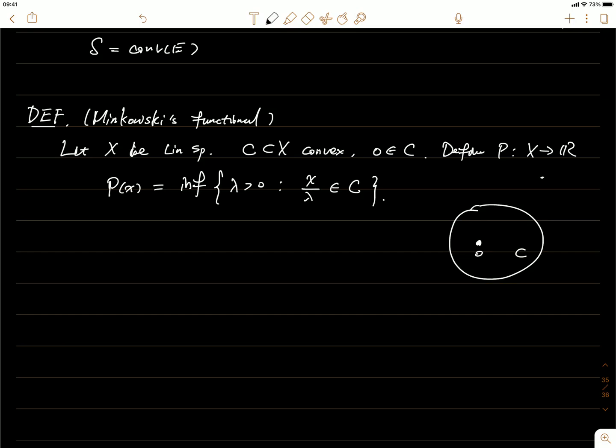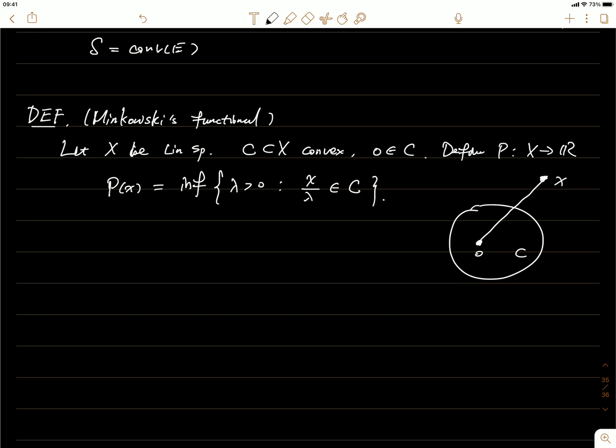Then for any x, I want to see what is the smallest number lambda I can use to scale this x down such that it's eventually inside C. In this case, I probably need lambda to be about 2.